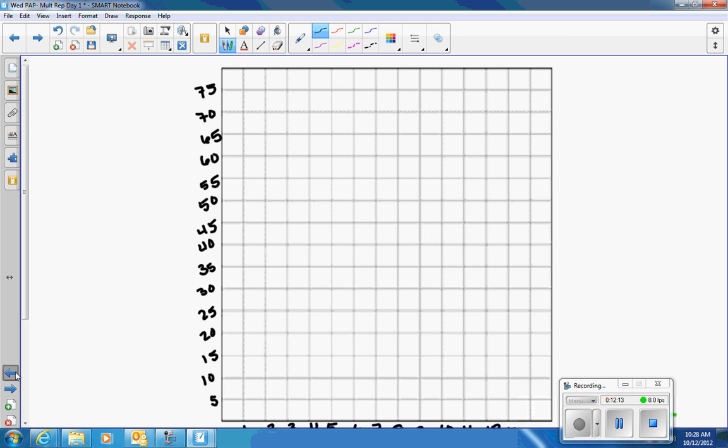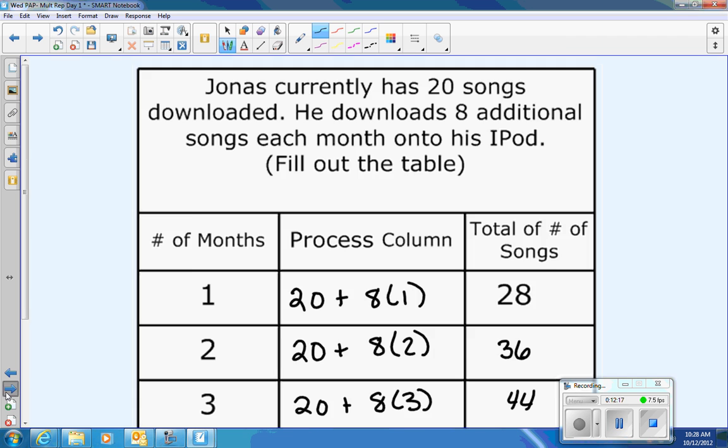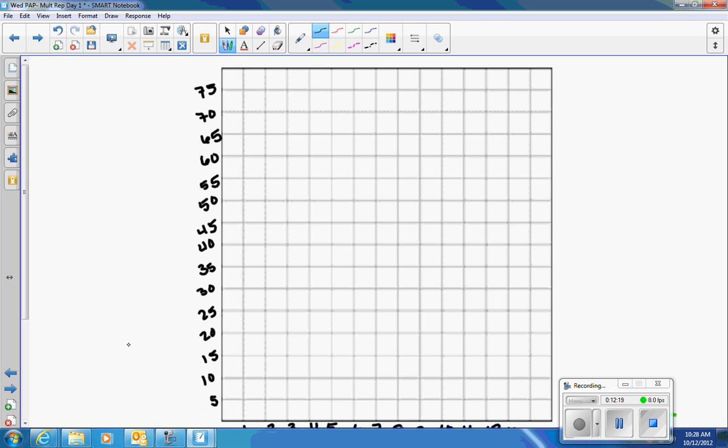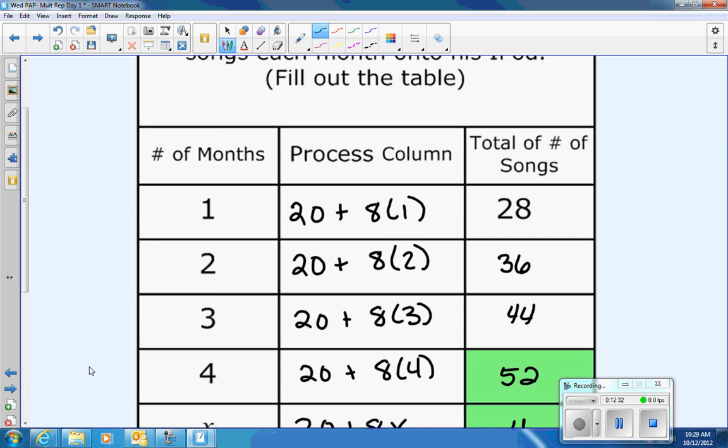And then my first value was 1 in 28. Oops, wrong direction. So 1, I should have been at 28, which is going to be somewhere around there. 2 was at 36, and this is also where using a ruler can help you out. 3 was at 44.